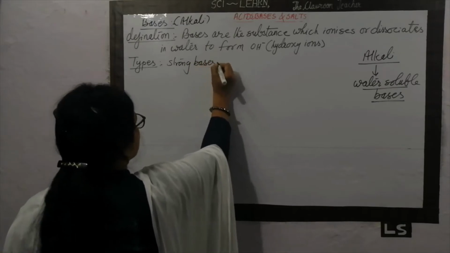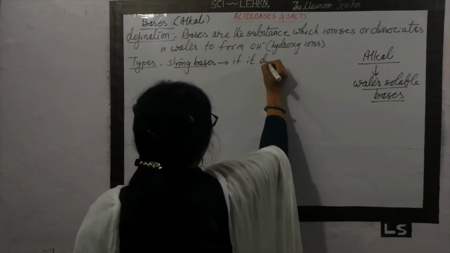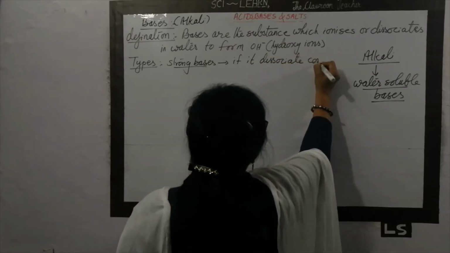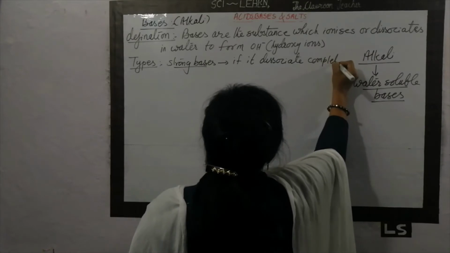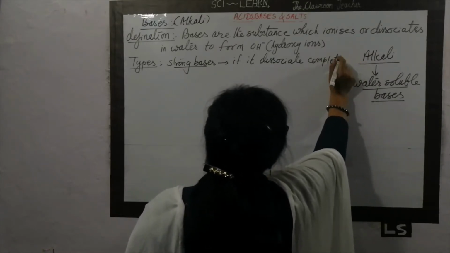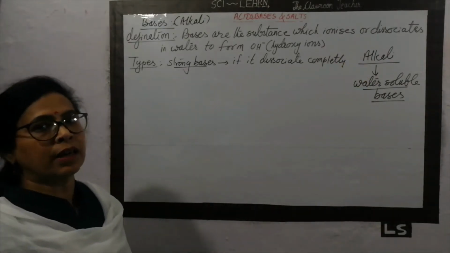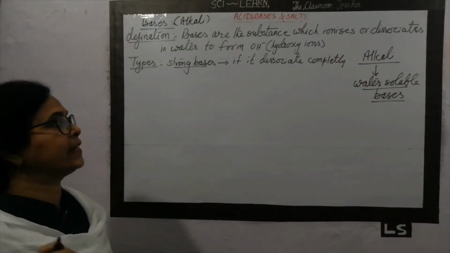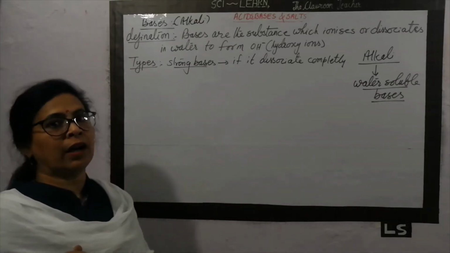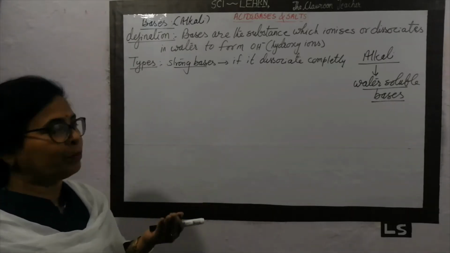Same as the acid, if it dissociates completely, it means it releases OH minus ion, the hydroxy ion. If it dissociates completely, all the hydroxy ion must release out from it. Then it is called the strong base.